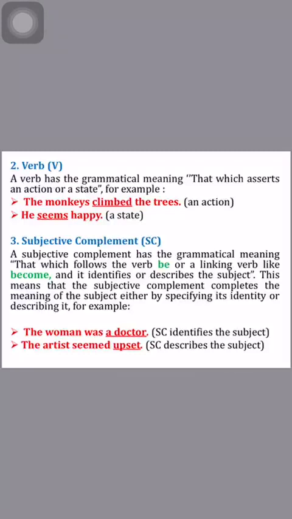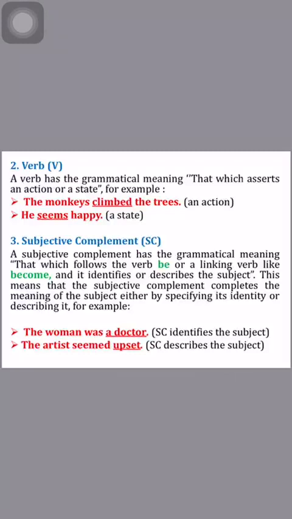Here the verb is in the past simple tense, so I can't show agreement unless I change it into present simple to say the monkeys climb the trees here in its base form. Okay, this is one of the ways to identify the subject.